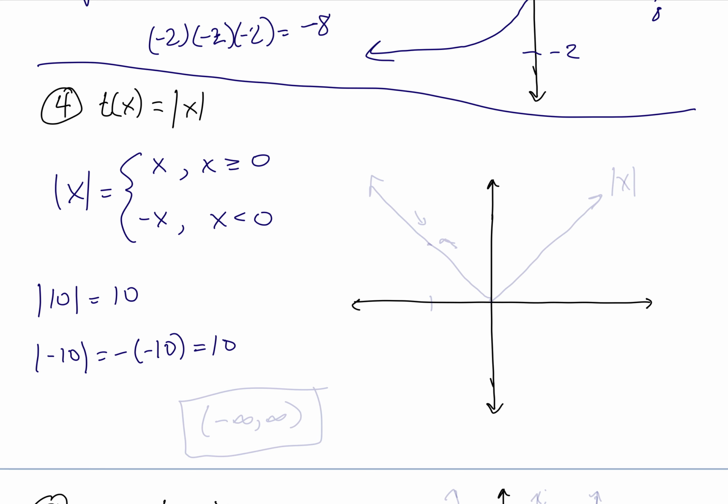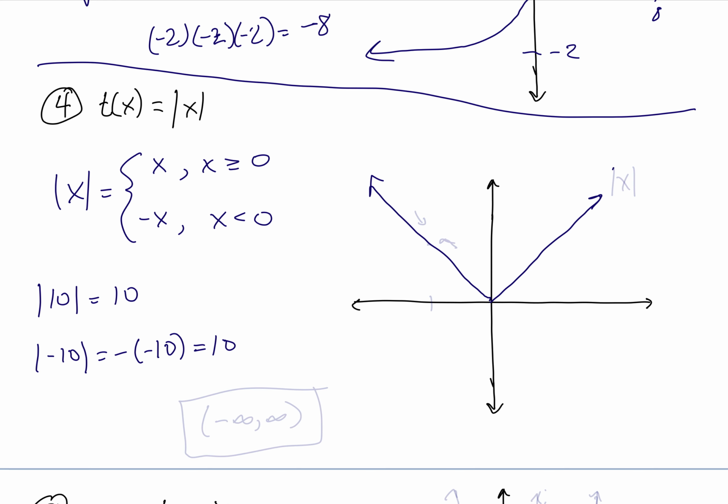So that's the absolute value function, and it looks kind of like a V. Looks like just plain old x for x greater than or equal to 0, and looks like the opposite of x for x less than 0, or the function y equals negative x for x less than 0.